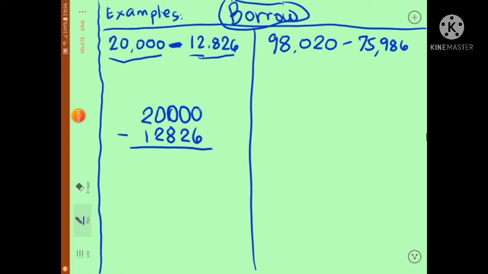What is 0 minus 6? Can or cannot? Cannot, right? If our answer is cannot, therefore, we need to move to the other place value.